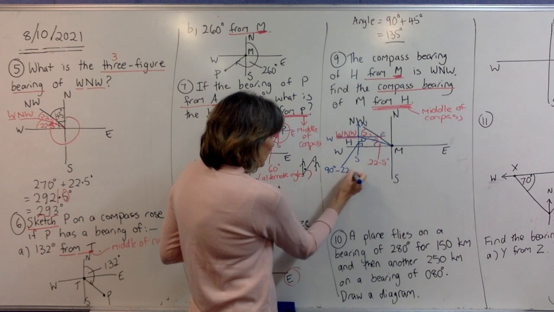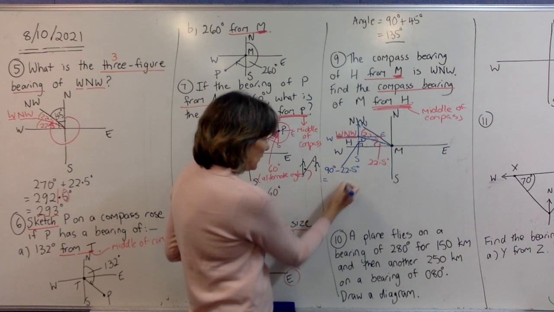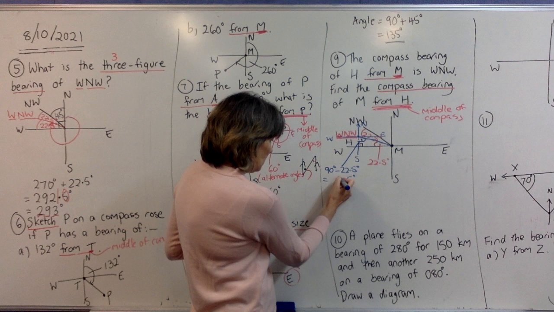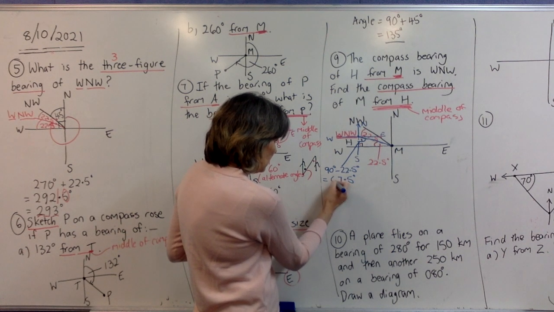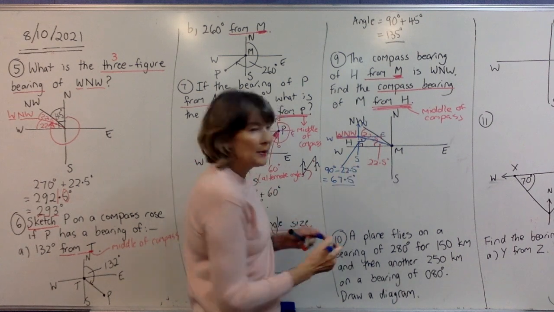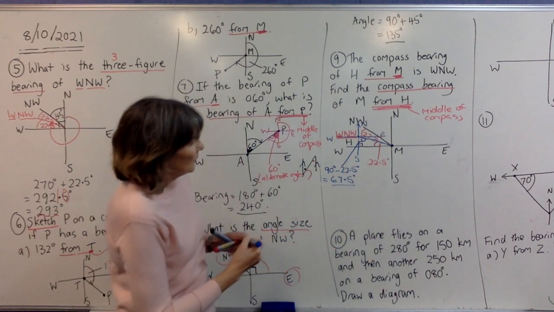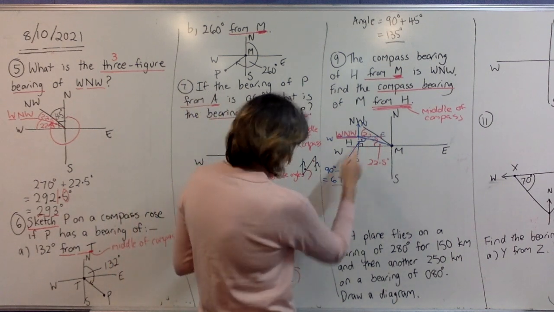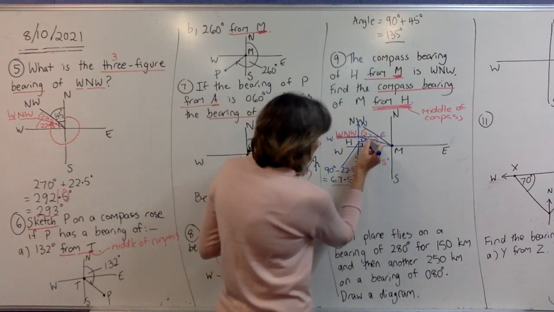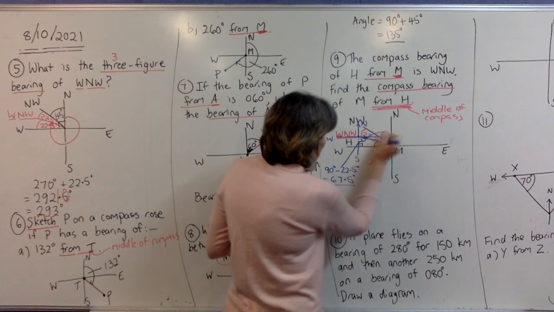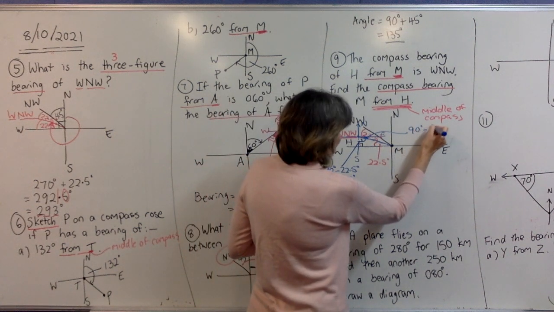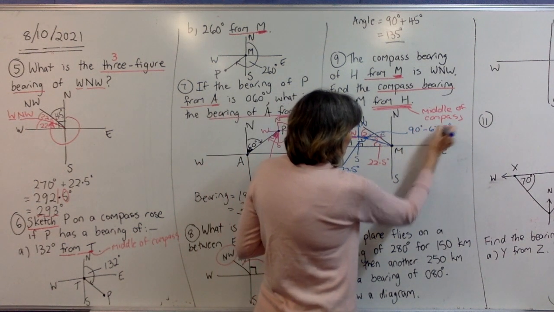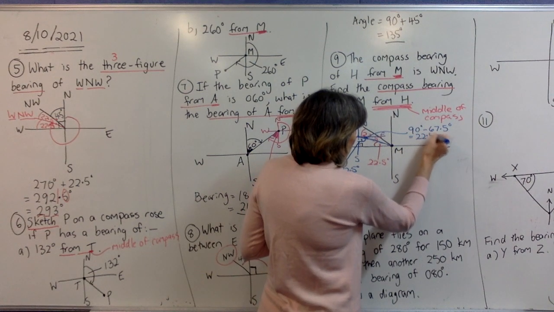So if we do 90 degrees minus 22.5 degrees, we end up with 67.5 degrees up in that spot there. And that means that this little bit up here, this tiny piece here, take it off there, 90 minus 67.5 degrees will get you back to 22.5 degrees.